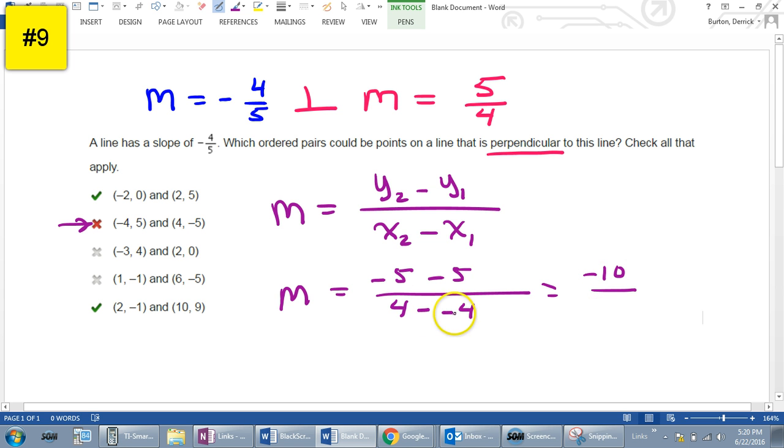And minus a negative is addition, so that's 8. This reduces. If I divide both by 2, I get -5/4. I like the 5/4 part, but not the negative. That's why that one's a no.